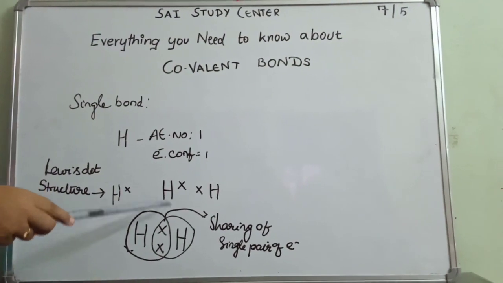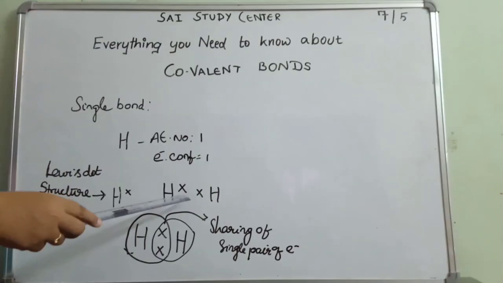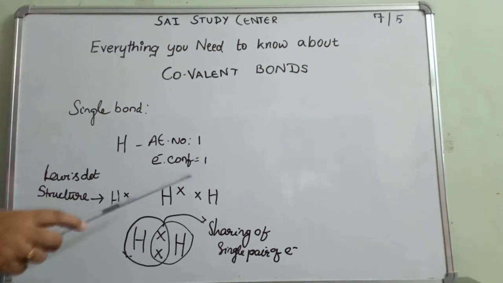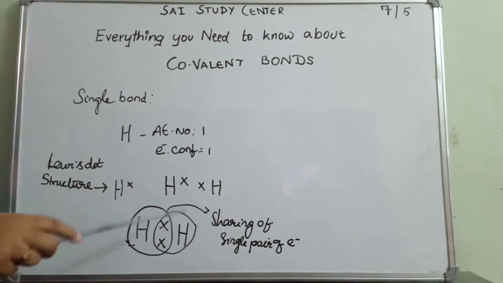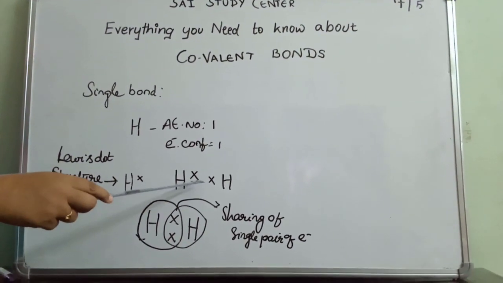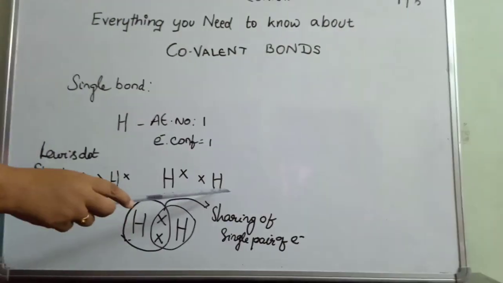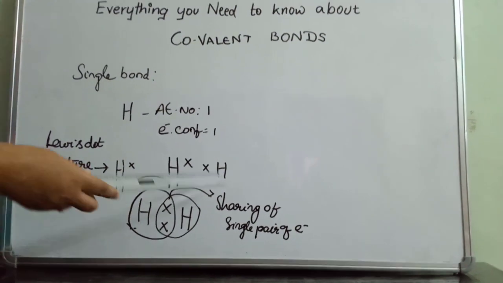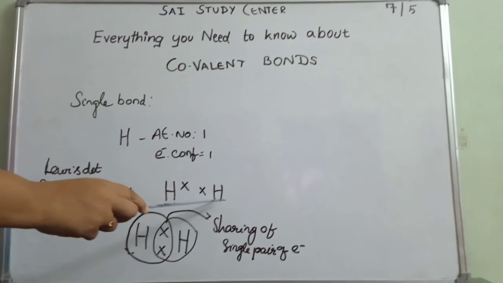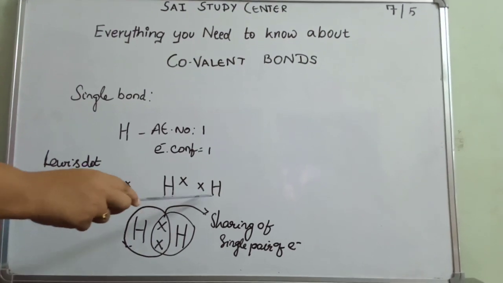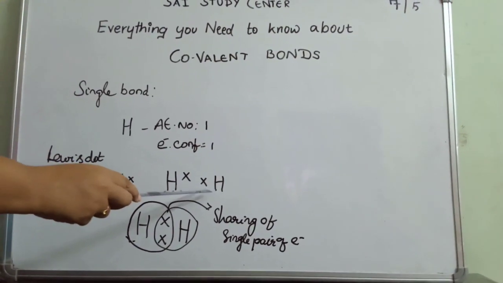So in nature, one hydrogen atom immediately bonds with another hydrogen atom by sharing of electrons. See, this hydrogen atom with a single electron is incomplete. Another hydrogen atom with a single electron is also incomplete. These two hydrogen atoms bond together by covalent sharing, each sharing its 1 electron.